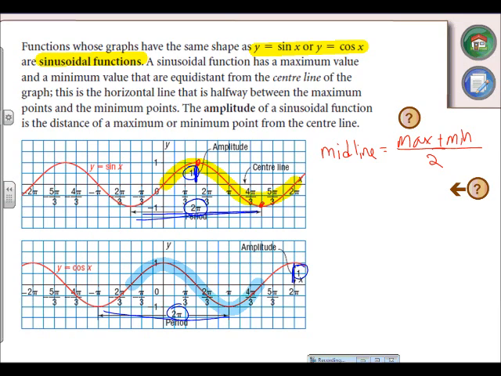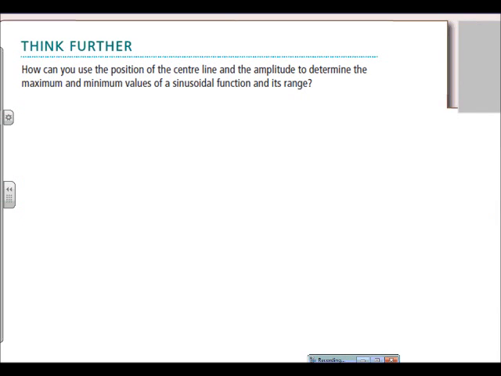That gives us the average value. Our amplitude is half of the distance between the max and min. The distance between max and min is max minus min. I want to go half of that. These two formulas look almost identical. Just add or subtract and you get the other one.